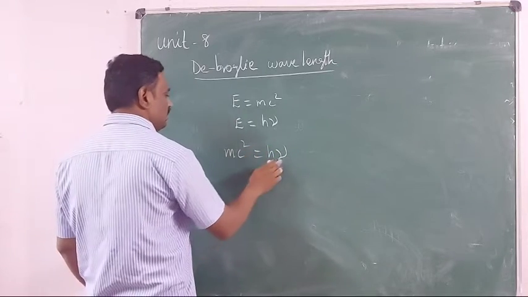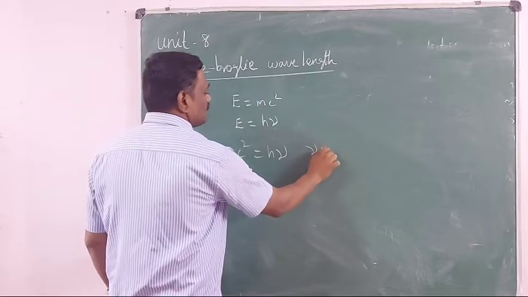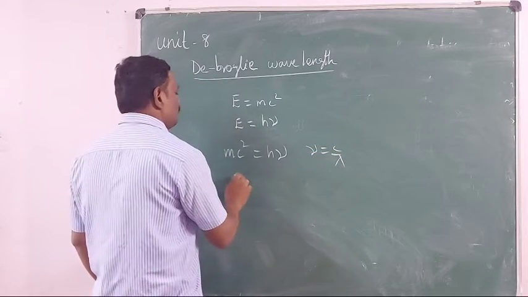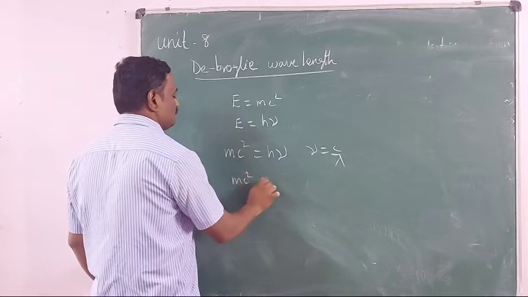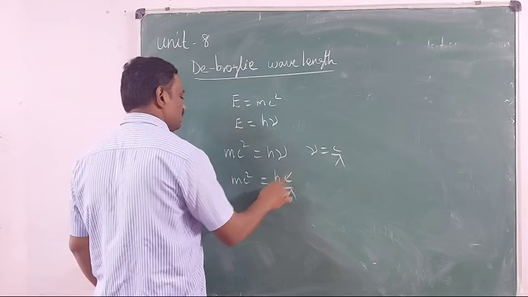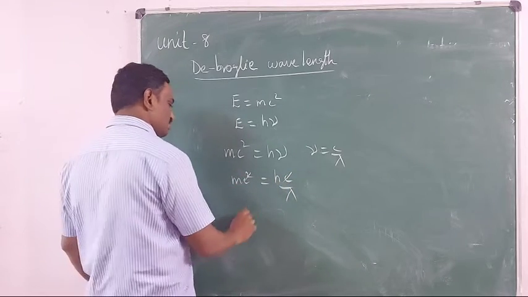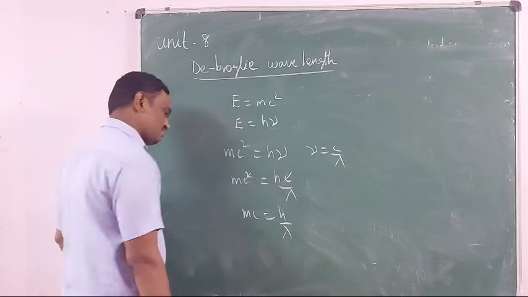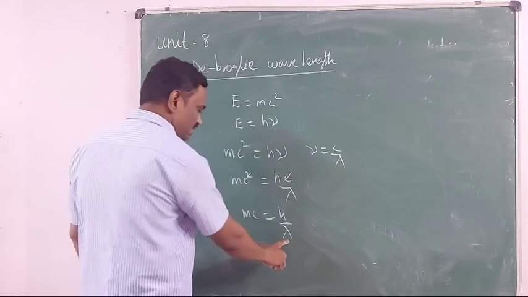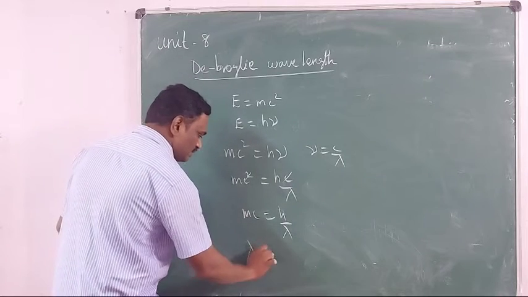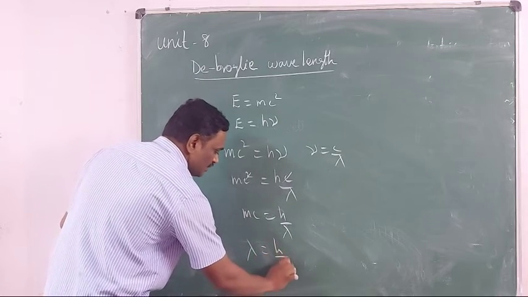Here we can substitute nu equal to c by lambda. So mc square equals h c by lambda, and we can cancel one c. So mc is equal to h by lambda. We need the wavelength, so rearranging the expression, lambda is equal to h by mc.